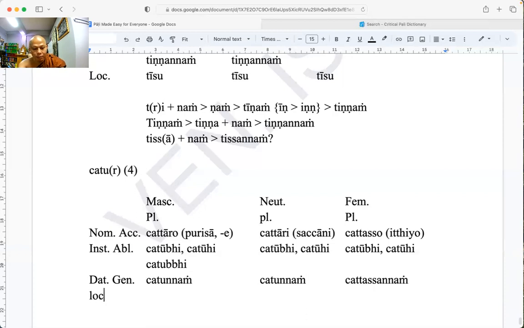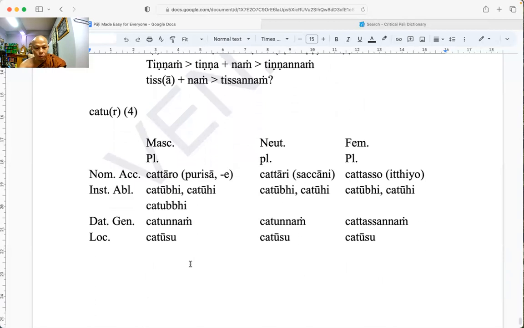And then locative. All of them are the same. So jattu su. Also jattu su. And here also jattu su. So here jatta robulisa, jatta risijani, and jatta so 80 yo. Okay. And then here jattu B.